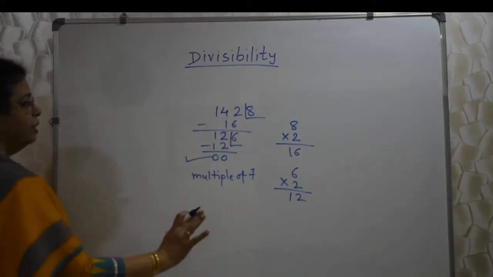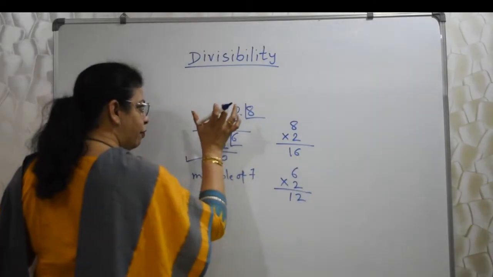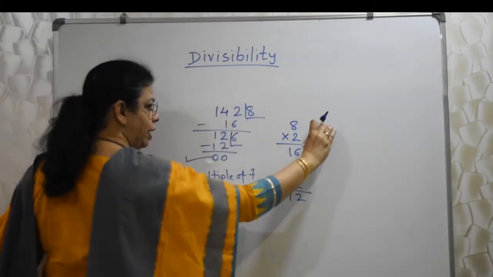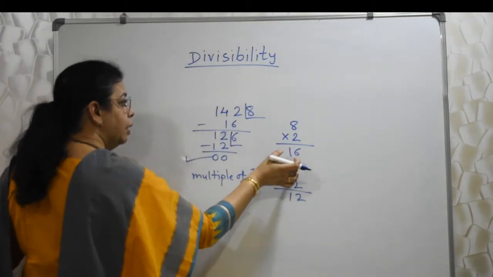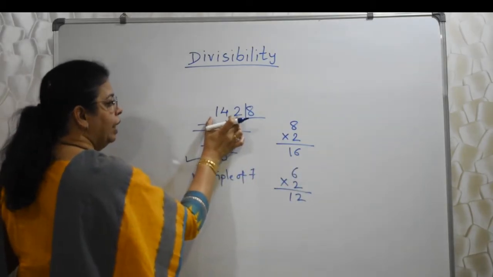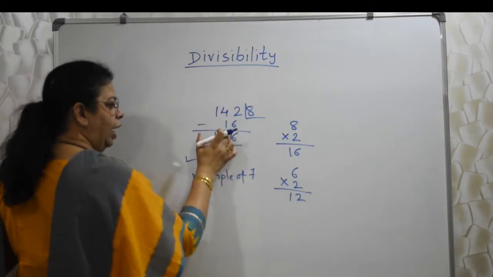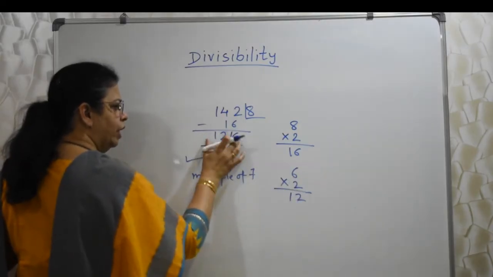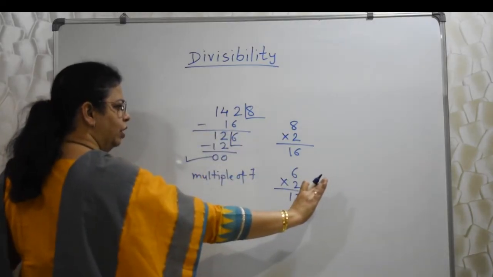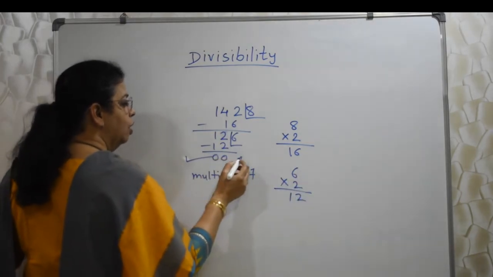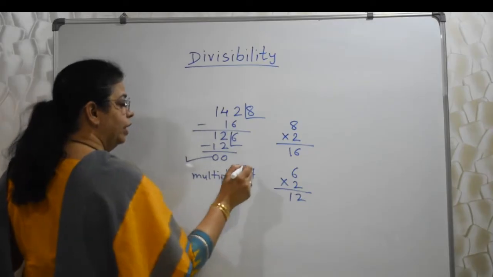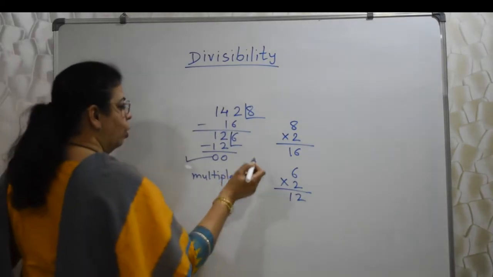It is very simple. At every point of time, take the units place, multiply by 2, whatever answer you get, subtract it from the remaining numbers and go on like that. Whatever answer you get, again take out the units place, multiply by 2 and so on, till you get a number which you can easily find out whether it comes in the 7's table or it is 0.